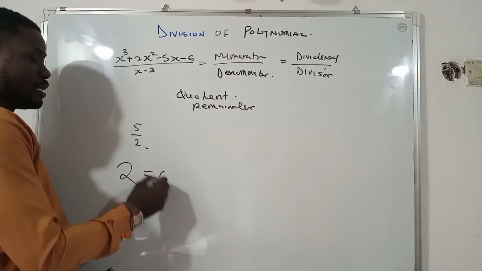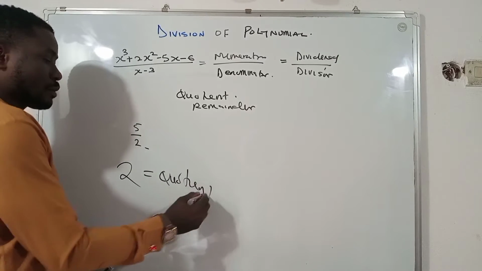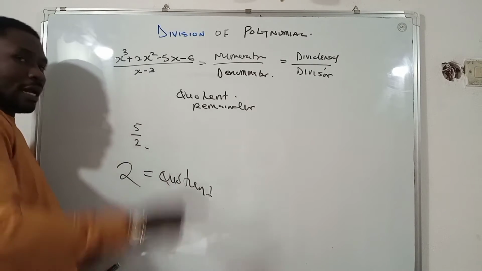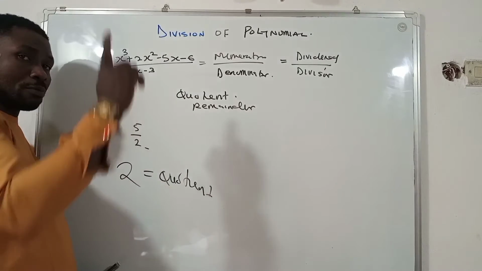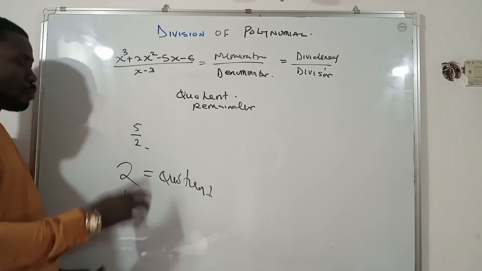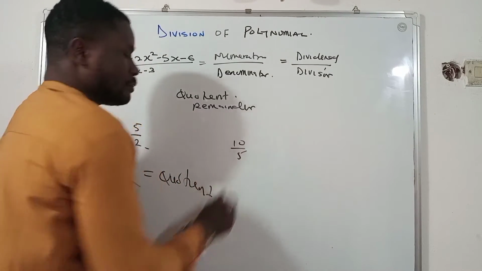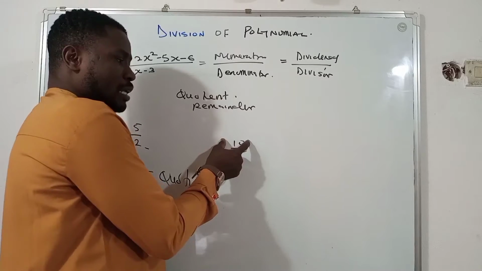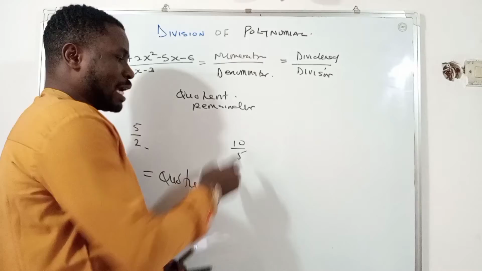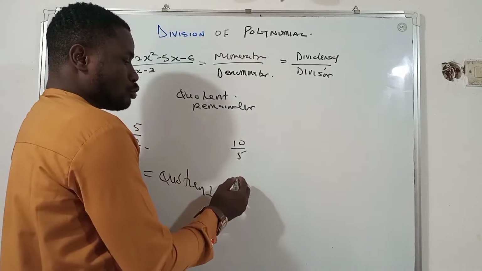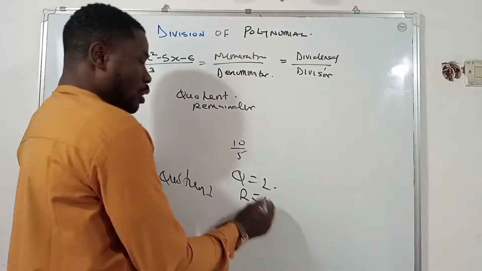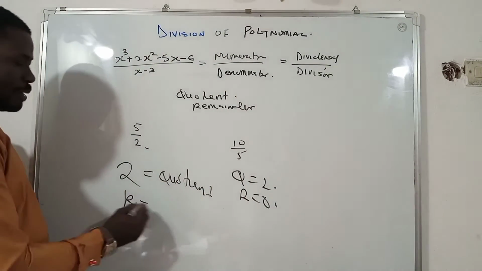That 2 times is our quotient. 2 will divide 5 two times, and the remainder will be 1. So the remainder remains the remainder. Suppose you have 10 all over 5. Here 10 is the numerator and 5 is the divisor. How many times will 5 divide 10? It will be 2. The quotient is still 2, but in this case the remainder is equal to 0, while in the previous case the remainder is 1.